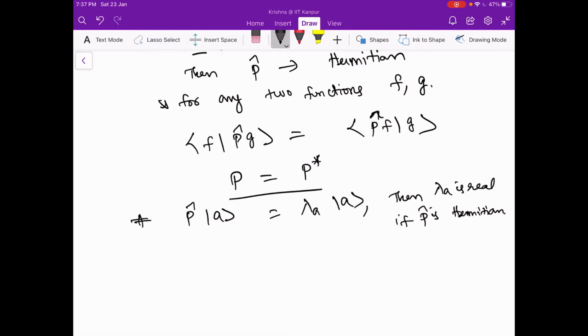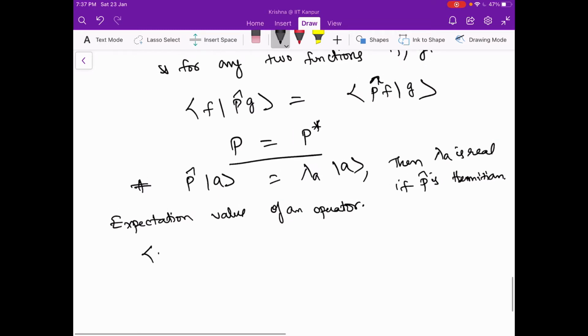In quantum mechanics, we define what is called an expectation value of an operator. So it is typically written like this. An expectation value is defined something like this. Let's take any function f.